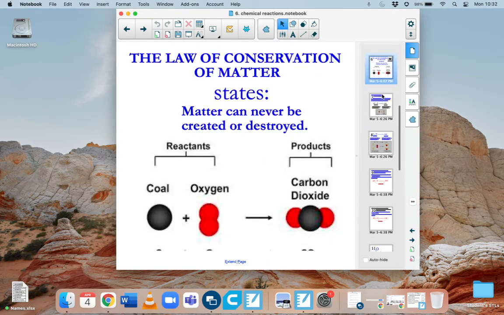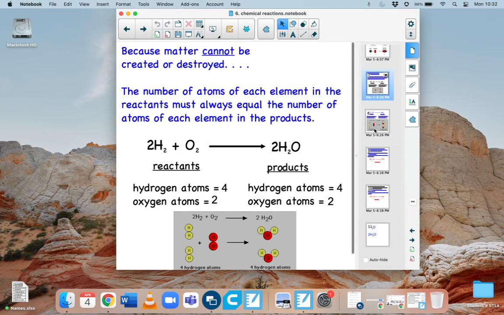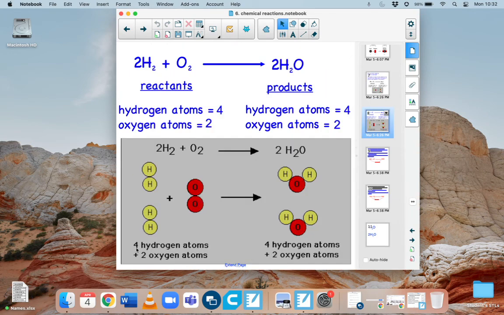The law of conservation of matter says that whenever we have a chemical reaction, you're not creating any brand new atoms and you're not ever destroying any atoms. That's impossible to do according to this law. What's happening during a chemical reaction is you're recombining or rearranging the atoms to make new substances.